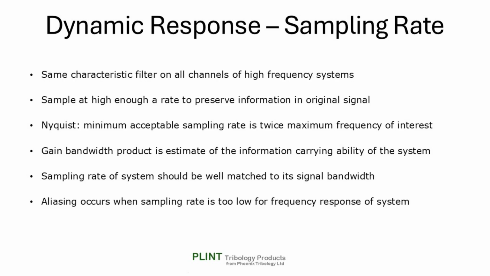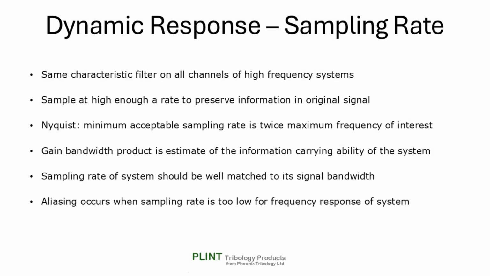Estimating the gain bandwidth product, an estimate of the information carrying ability of the system, shows that once an adequate sampling rate has been chosen, sampling faster than that may produce more data but not more information. The sampling rate of the system should be well matched to the signal bandwidth to preserve information content.